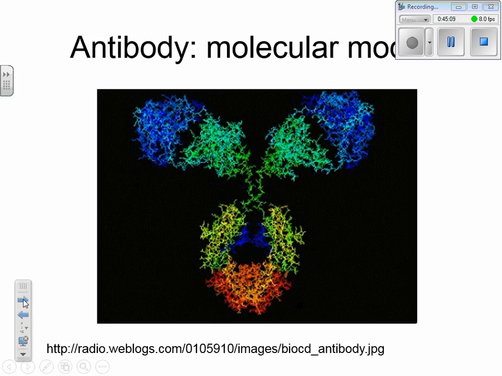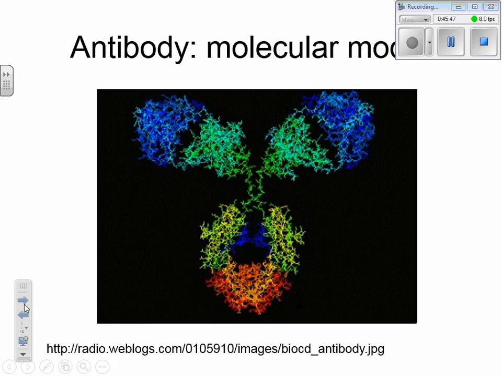It gives us this area down at the bottom with the yellowy green bit, and then the red bit at the bottom is the common area to them, and then going up into the green parts of the branches, and the blue bits are the variable area. It's not particularly useful in itself, but molecular models are often quite pretty looking things. And I think what you do get from this is an idea of the size. These are huge molecules because they're proteins, and proteins are enormous. All right, so antibodies are big.